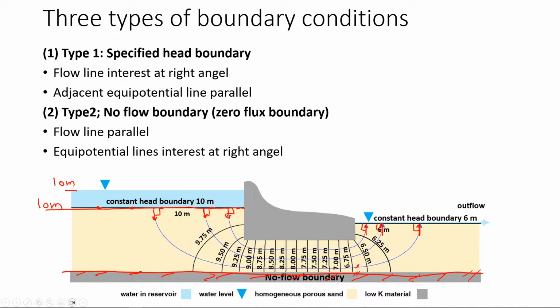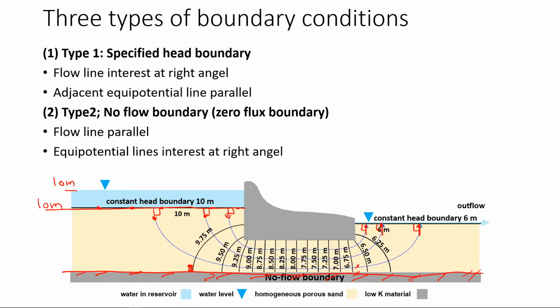Again, we have type 1 boundary condition, a specified head boundary, where the flow line will be perpendicular. For the no flow boundary condition, type 2, when I specify that the flux is 0, the flow line will be parallel to the boundary. The flow line is parallel, but the equipotential line will be at a right angle.